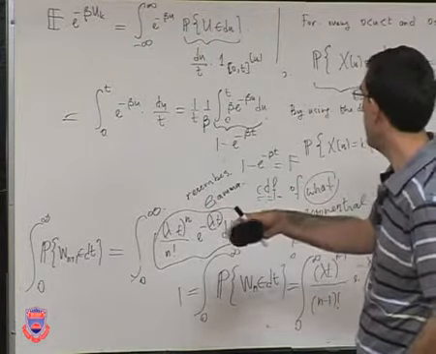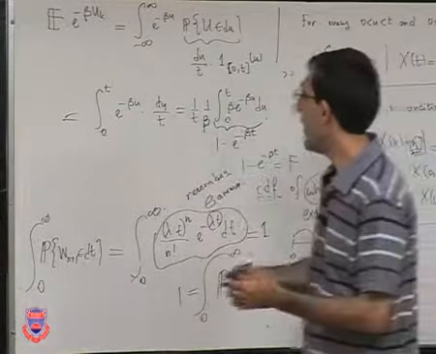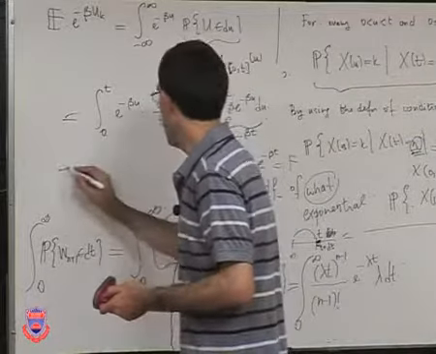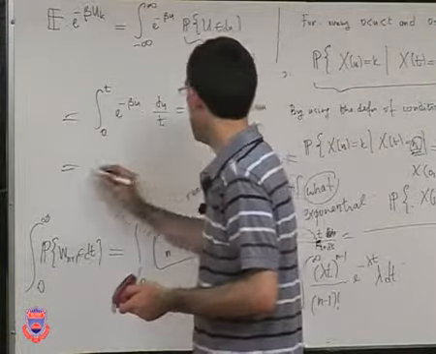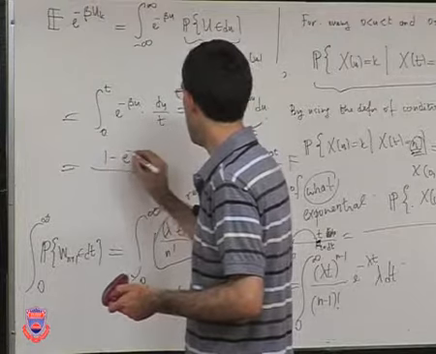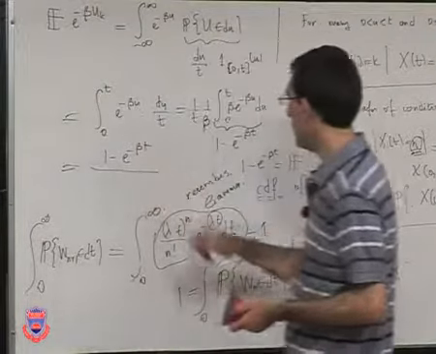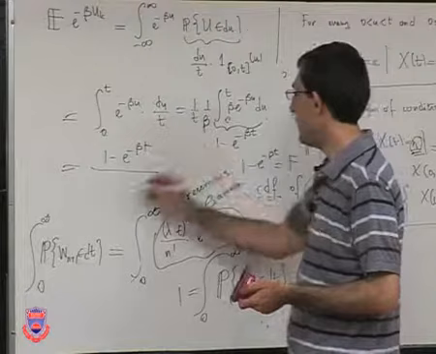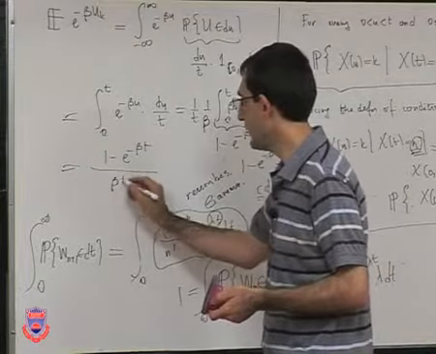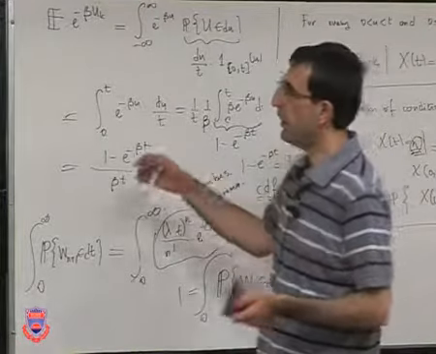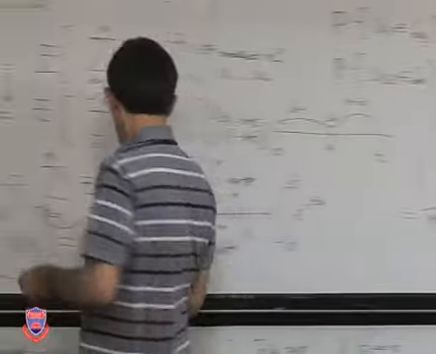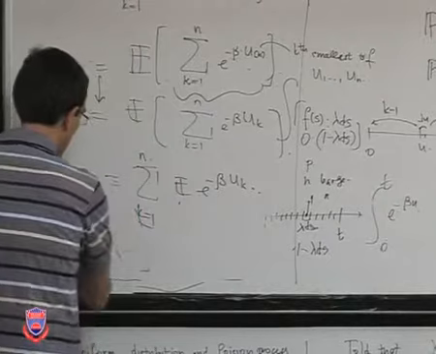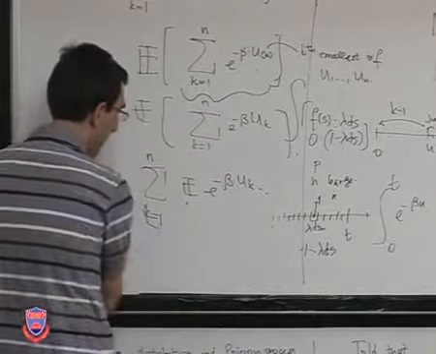We have this value. We should perhaps write this cleanly here. In the numerator, I have 1 minus e to the minus beta t, and you divide this by beta times t. Now we take this and bring it here, and sum over k.